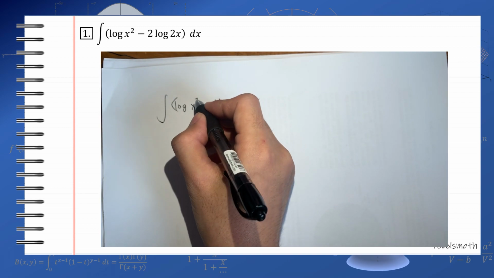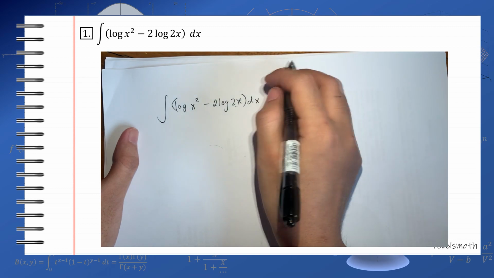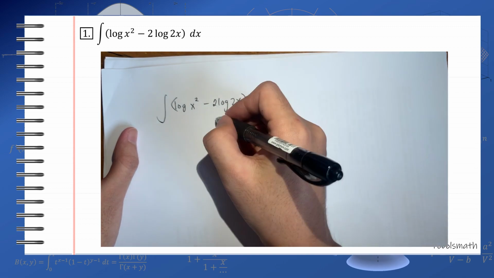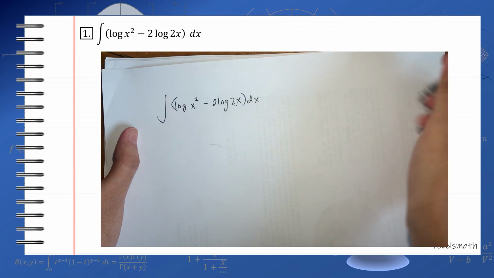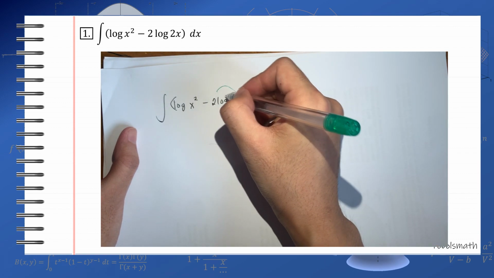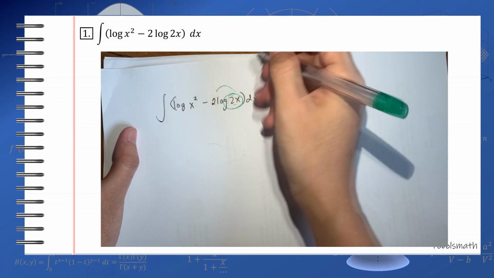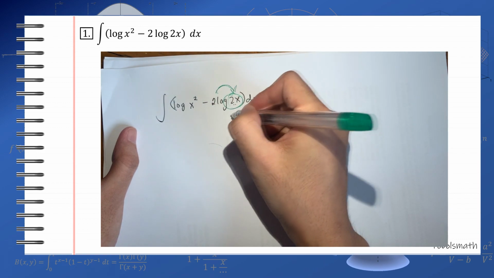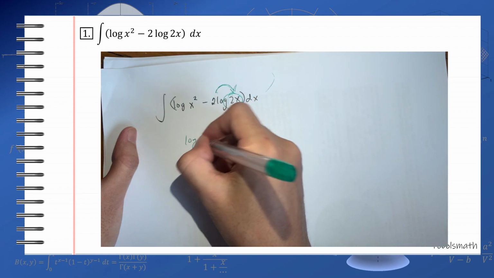You might want to simplify this first, like bring down this exponent and then split this one, log 2 plus log x, but an easier way to go about this is to combine them. Instead of splitting this, we can raise this 2x to the power of 2. So this becomes 2x squared, and the whole thing becomes 4x squared.